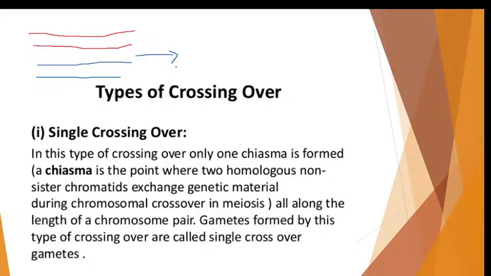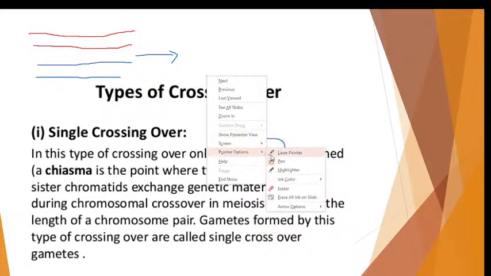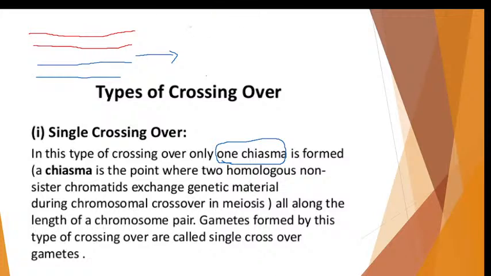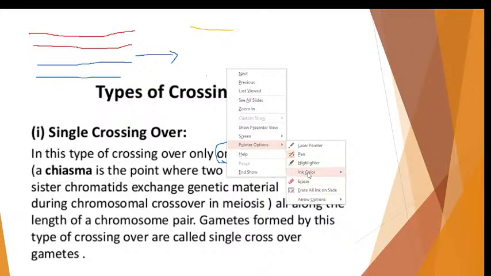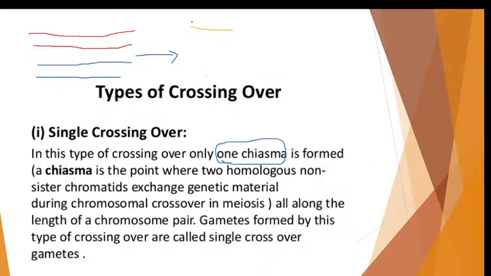In single crossing over, the chiasmata formed will be only one. Only one chiasma is formed in single crossing over. So as a result, only 2 chromatids are affected when a crossing over is happening.